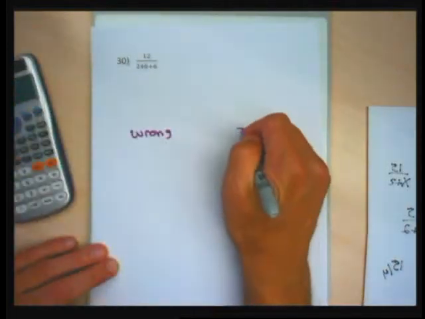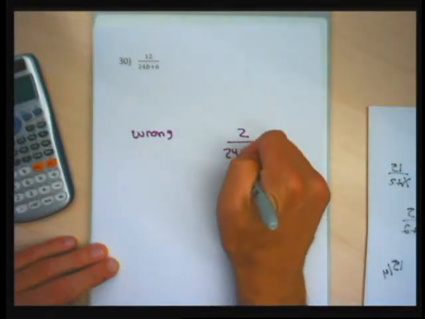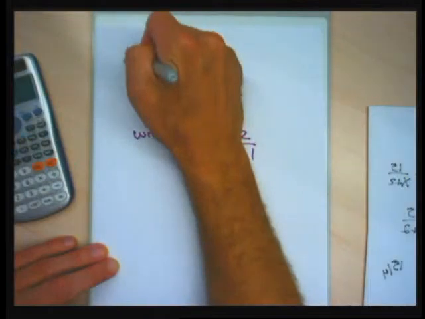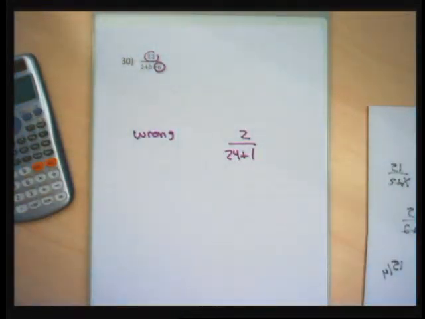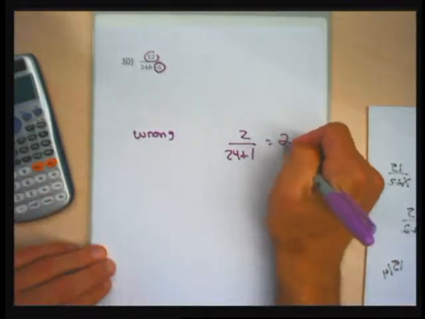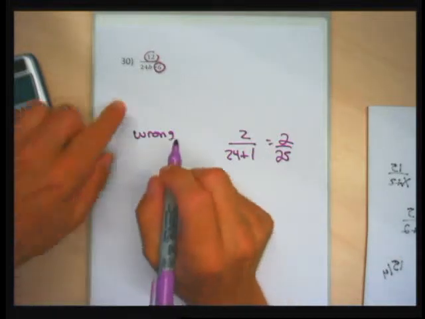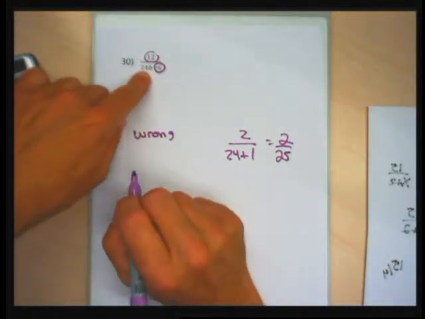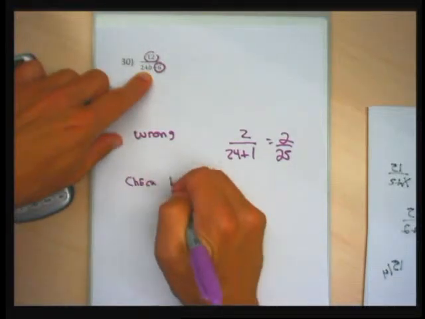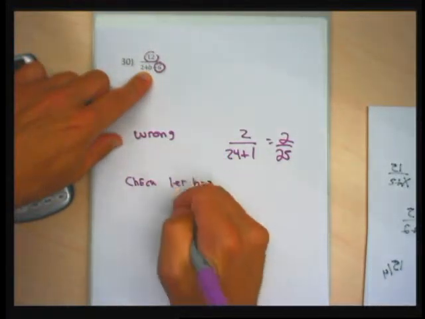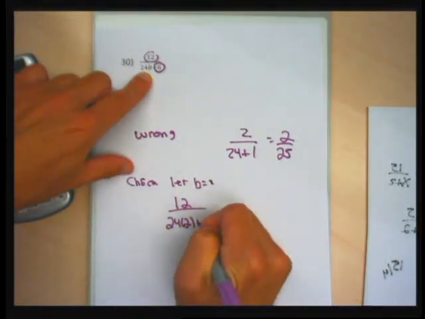If you made this a 2 and left the 24 be, you'd get 2 over 25 for an answer. And that would mean if I took any number and plugged it in for b, I'd get 2 over 25. If I wanted to check that, if I let b equal 2, I'd get 12 over 24 times 2 plus 6.